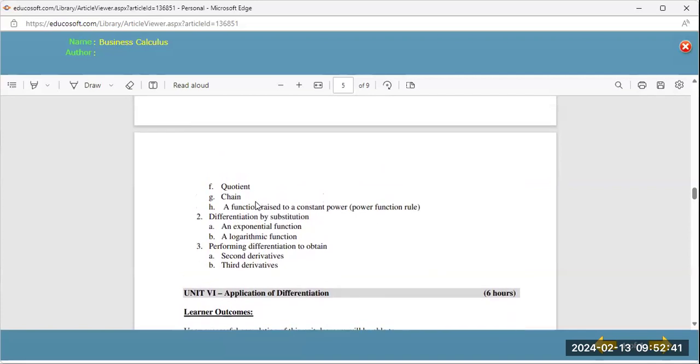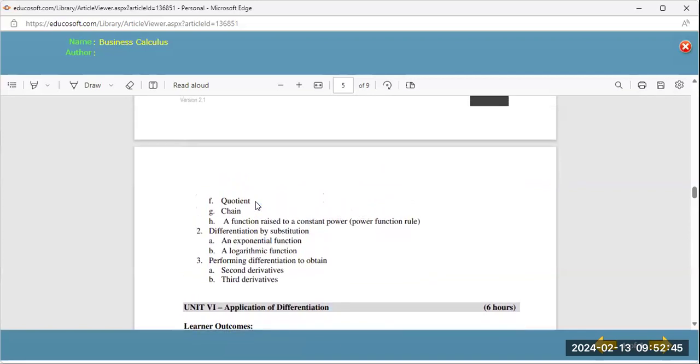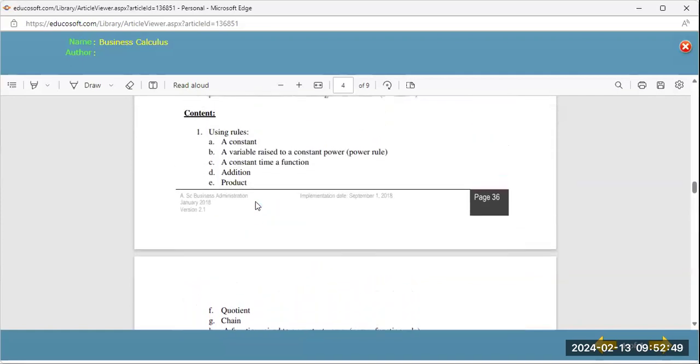Exponential functions and logarithmic functions. Yes, so I am where we're supposed to be. All right. So I'm going to stop sharing this one here.